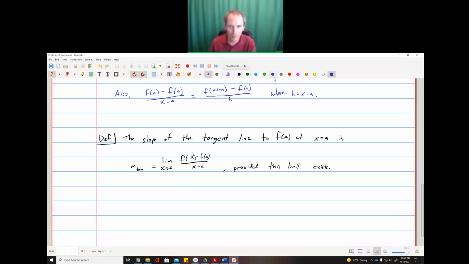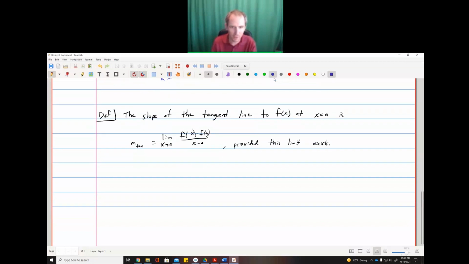There are a couple of things that I want to note here. Note that this same slope, we just said that the difference quotient is the same if I define things with that h instead of the x's. So I can write this as the limit of f of a plus h minus f of a all over h.